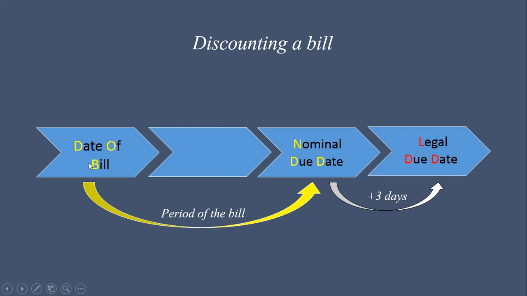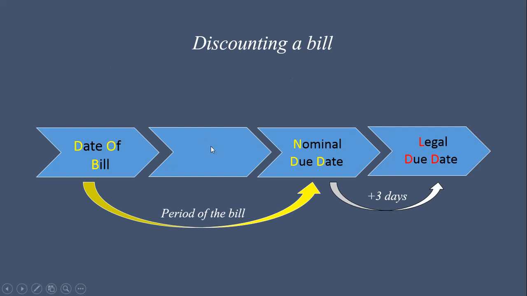So the period from date of bill to nominal due date is known as period of the bill, and adding 3 days to nominal due date we get legal due date. Now if the drawer wants money before legal due date, there is a facility to receive money. He can discount that bill at bank.